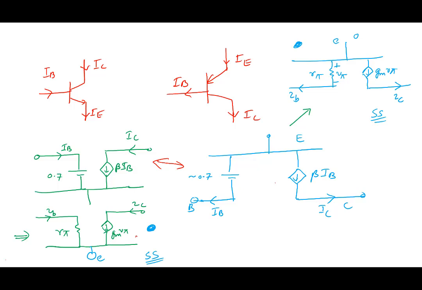Yes or no? Because remember, there's a thing that you should never forget: the difference between DC and small signal. DC is showing you the actual, small signal represents what? Change. Now in this case, can IB be negative?